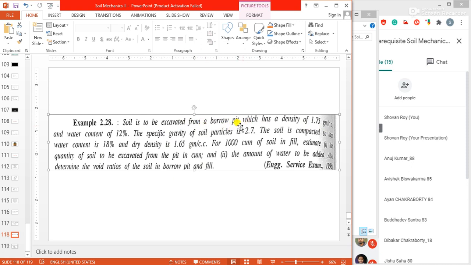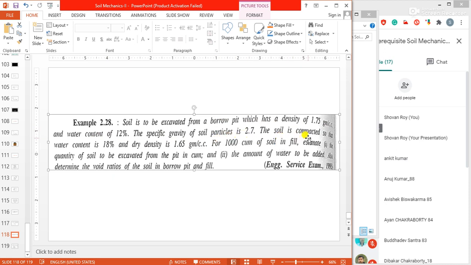A borrow pit is a big hole, a big pit in the earth surface. The soil is to be excavated from a borrow pit which has a density of 1.75 gram per cc and water content of 12%. The specific gravity of the soil particle is 2.7.